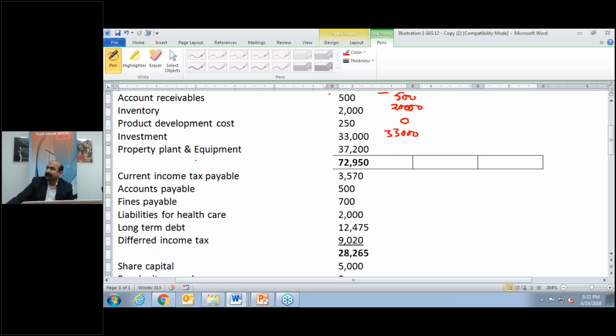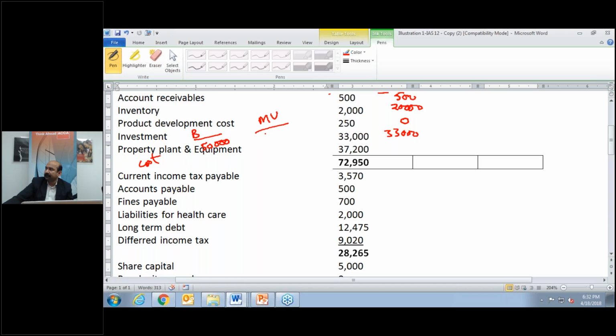We know the cost and the accumulated depreciation at the beginning of 2005. Like for building, and then we have motor vehicles. Cost for building is, let me check, okay, 50,000.